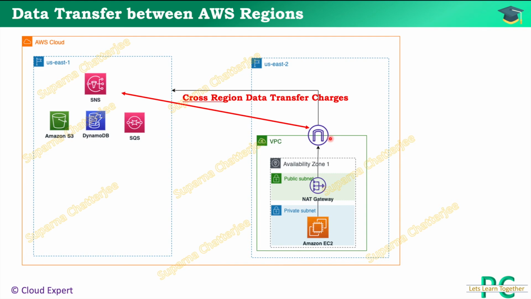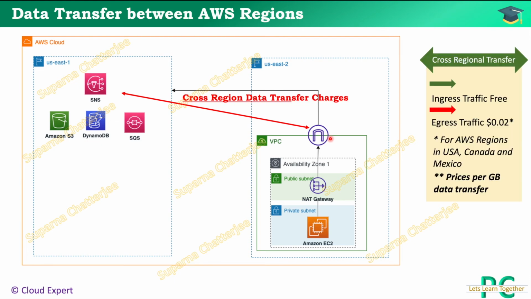Since you are propagating data between two different regions, you have to pay cross-region data transfer charges. When it comes to cross-region data transfer, ingress data transfer is free, but you are going to pay for egress data transfer, and egress charges will be 2 cents per GB of data you transfer.